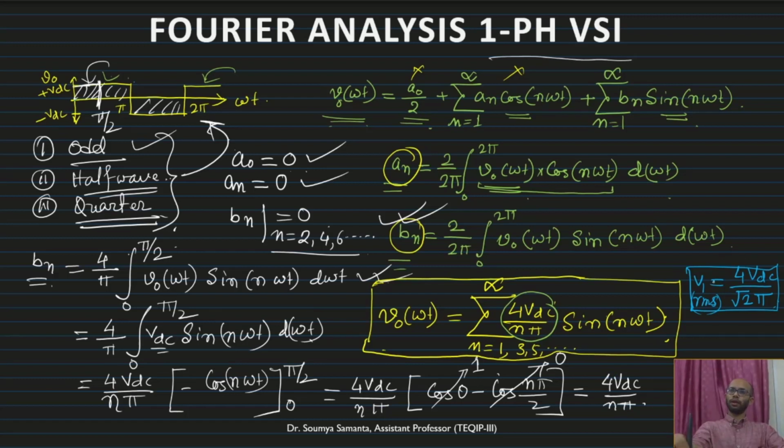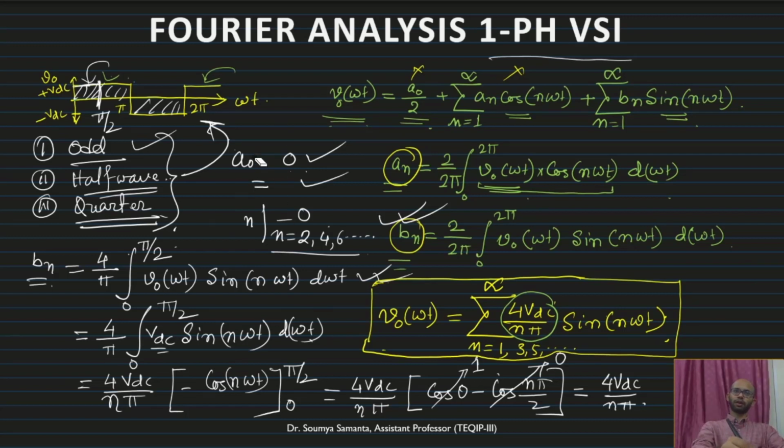Now, if we are asked to find the current expression for R load or RL load, what to do? One suggestion is that you please verify this. Whatever I am writing here, that is, an will be equal to 0. You take the same waveform, put it into the formula. The formula is given for both an and bn.